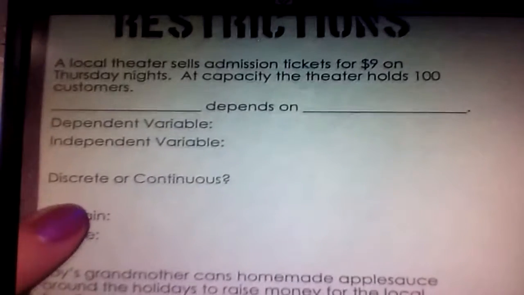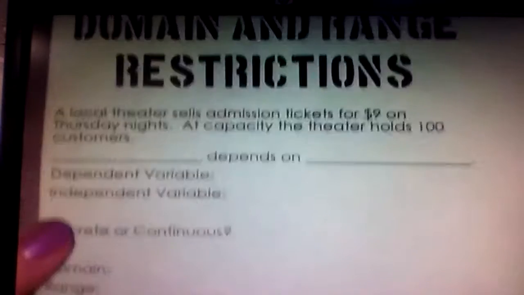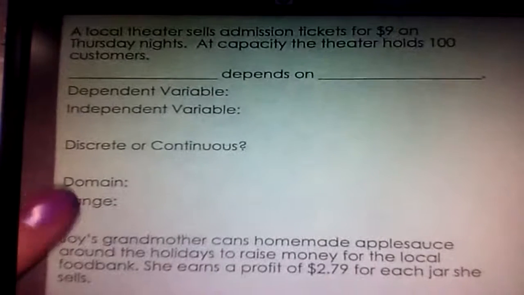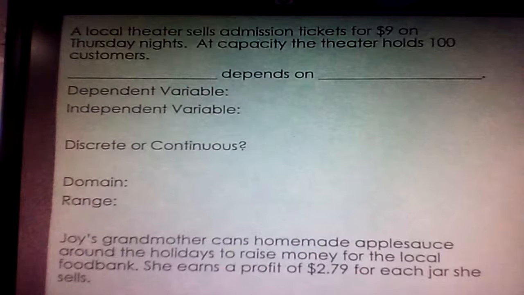Okay, domain and range restrictions. A lot of times when you're dealing with word problems, there is going to be a restriction, mainly because you're dealing with people. You can't have -2 people. So think logically. If your people is your input, you can't have a negative person. They can have a negative attitude, but they have to be there.